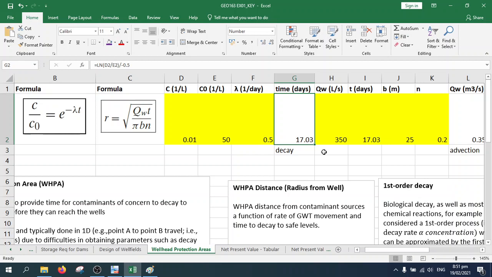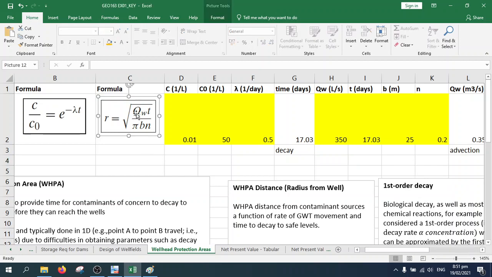Now our problem is, what is the distance that would allow the contaminant to travel for 17 days? Note that when you have a pumping well, your contaminants actually travel slightly faster because your well is pumping in water, so it sucks in your contaminants.